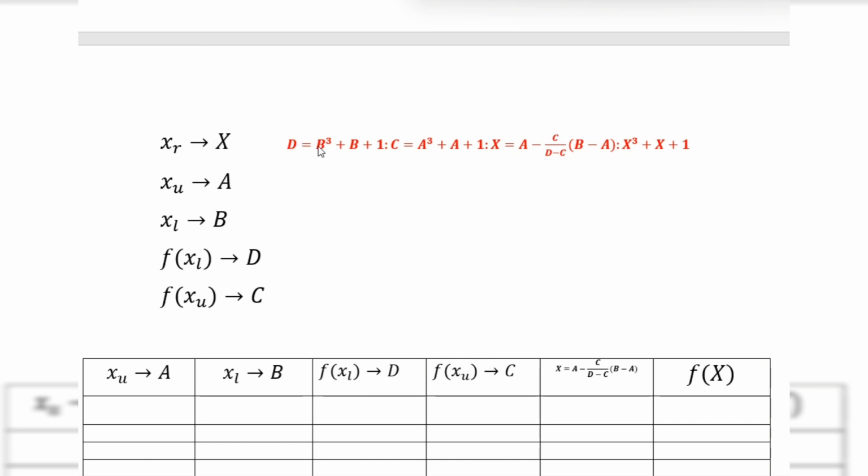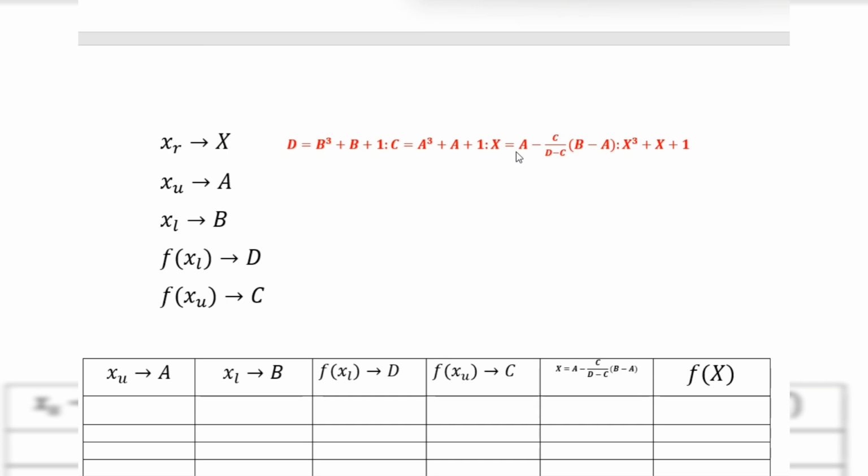D is equal to B cube plus B plus 1, and colon mark. Also C can be represented by using A. C is equal to A cube plus A plus 1, again colon mark. Now we can represent our equation which is used to find the position value.